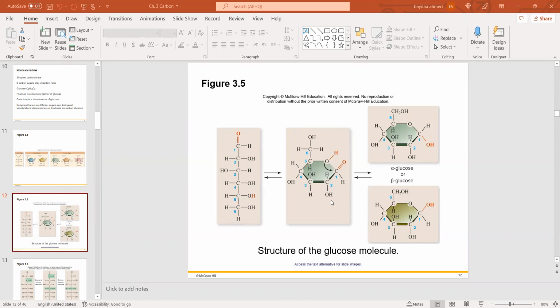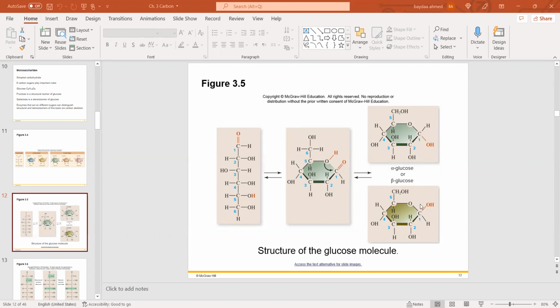Ring closure occurs such that two forms can result: alpha glucose and beta glucose. In structure, they differ only in the position of the hydroxyl group bound to carbon number 1.